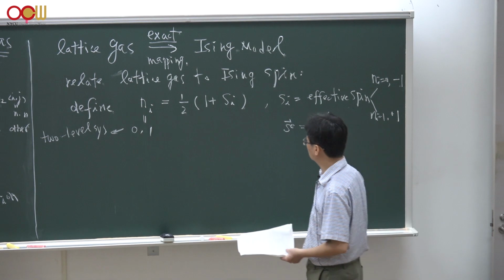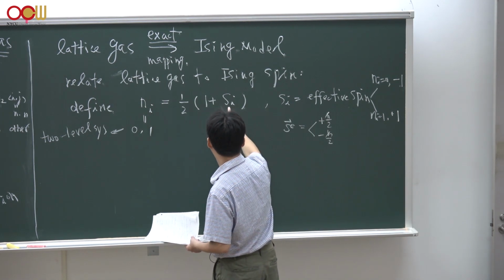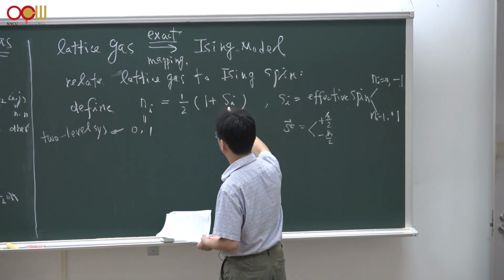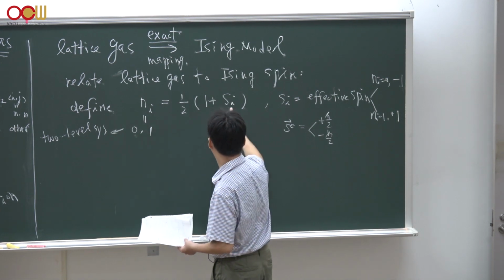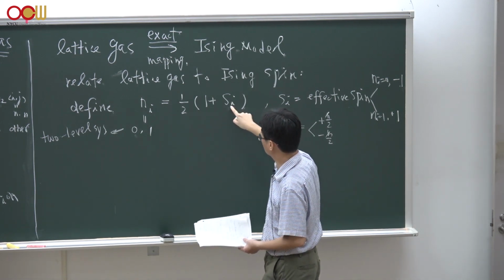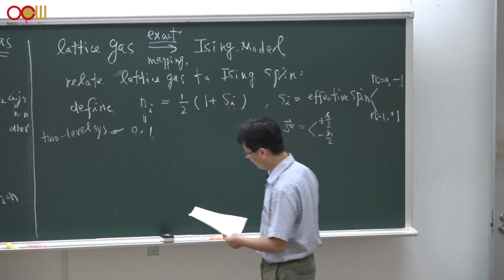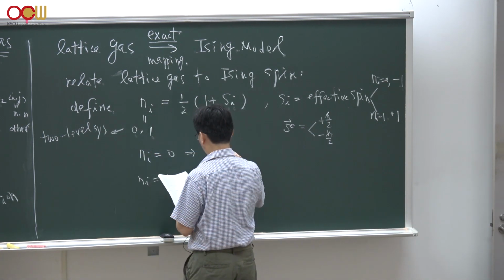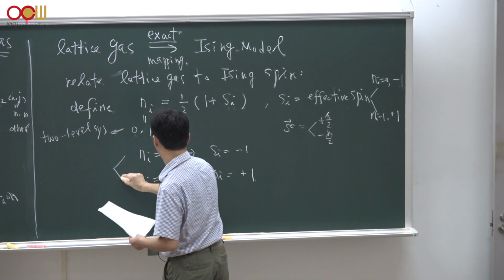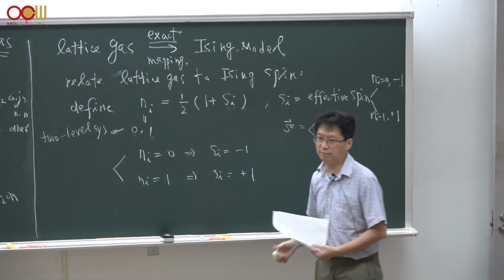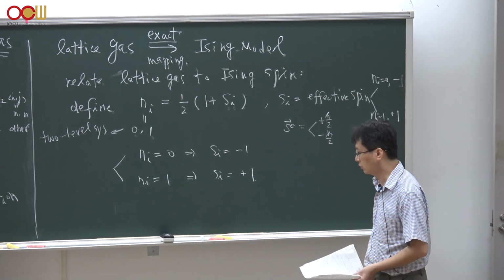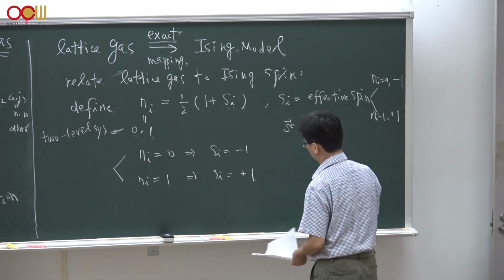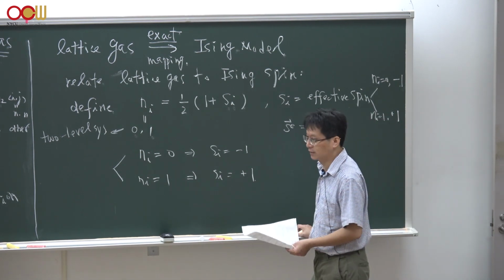So you can very clearly see this. When S is minus 1, you get 0. When S is plus 1, you get 1. So let me map this more explicitly. This is the trick. You can map a two-level problem onto the spin 1/2 problem, and this mapping is exact.